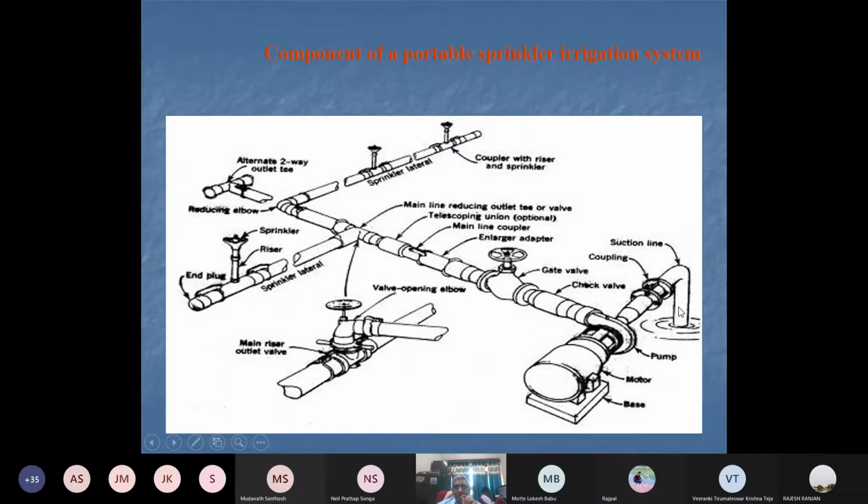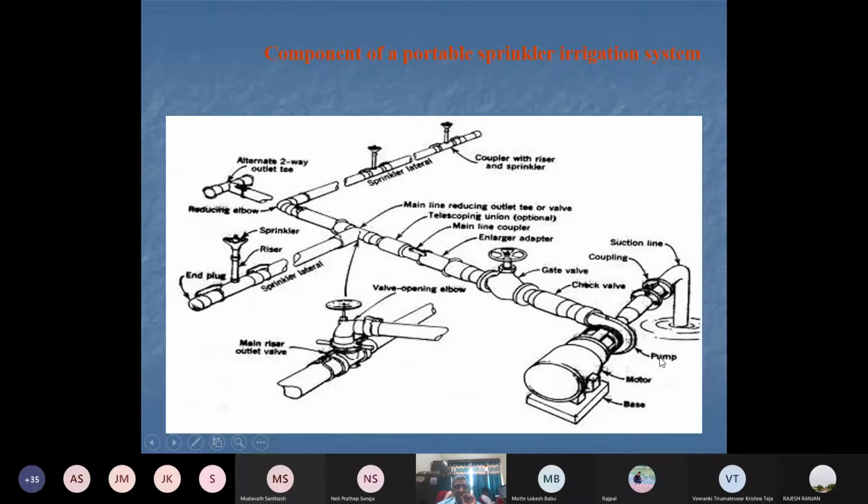So what we are seeing here is that from the source of water, it is pumped by using the pump. This pump can be coupled with an electric motor or with a diesel engine. What we see here is the suction line of the pump.